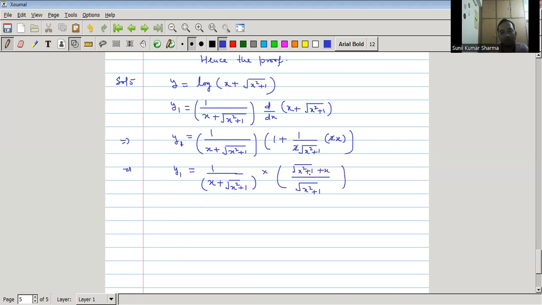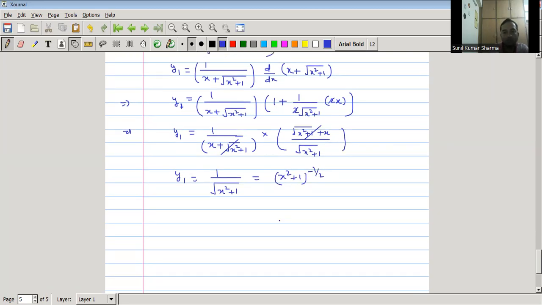So this is the same as x plus under root x square plus 1 over x plus under root x square plus 1, so we can cancel this. So we get y1 is equal to 1 upon under root x square plus 1. Or we can also write this as x square plus 1 to the power minus 1 by 2. So this is our y1.